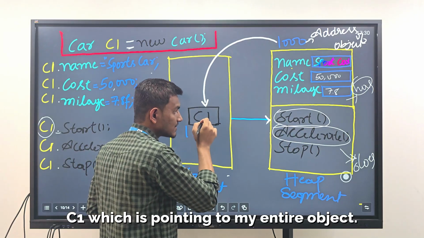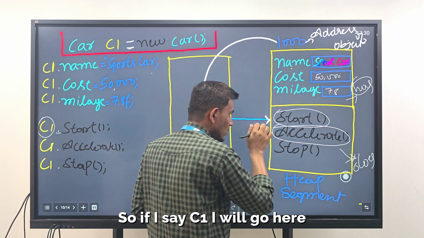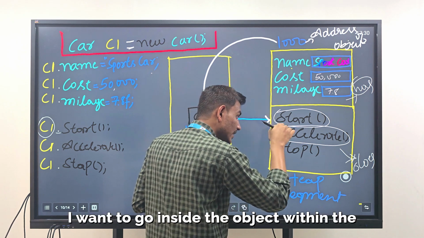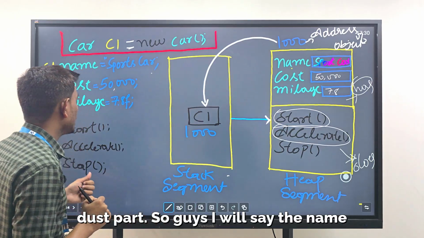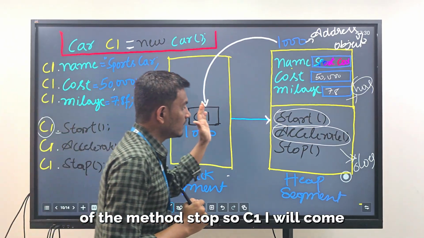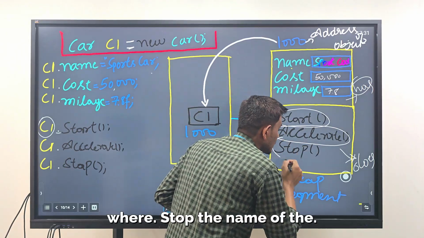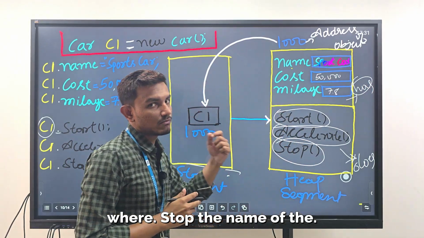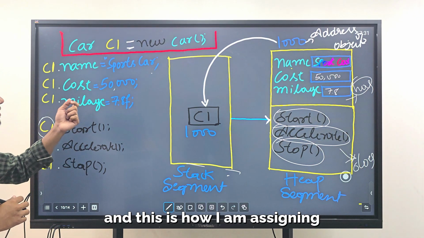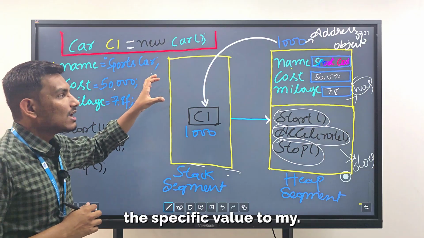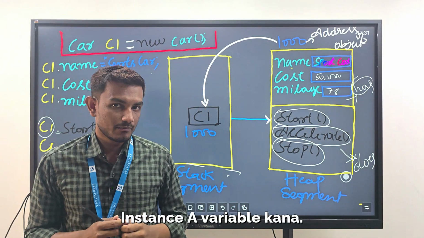Reference variable, that is c1, which is pointing to my entire object. So if I say c1, I will go here. I want to go inside the object within the does part. So guys, I will say the name of the method, stop. So c1, I will come here. Dot operator means I will go inside. Where? To the stop method, the name of the method. Guys, this is how I'm calling the method, and this is how I'm assigning the specific value to my instance variable.